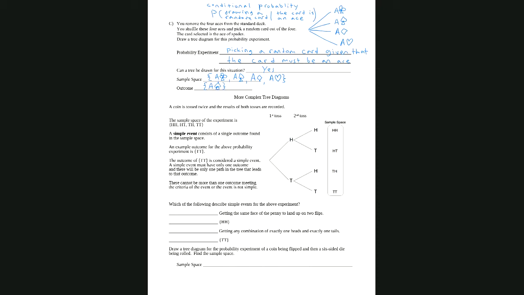Okay, now can we draw more complicated tree diagrams where perhaps more than one action is taken? Here's a diagram for the tossing of a fair coin twice.